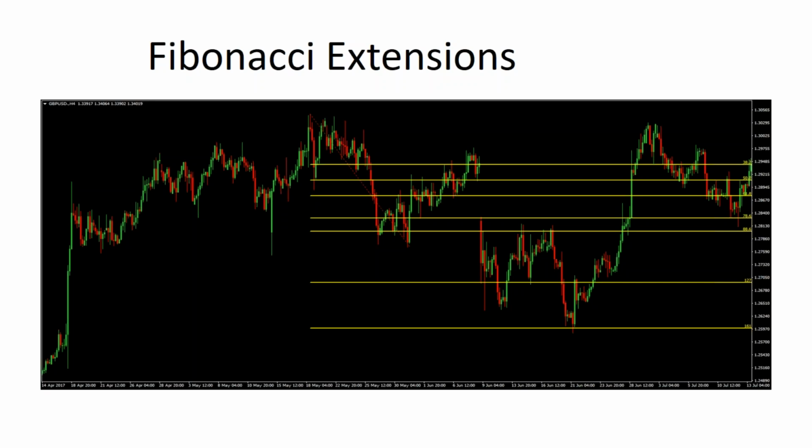So when we're talking about identifying confluence with Fibonacci and other technical elements, what we're looking for is an area where a key Fibonacci level lines up with another key technical element, such as a structural support and resistance level, or a trend line, or a moving average, or whatever it is. We're basically looking to find coincidental technical elements to strengthen our conviction in trading a certain level.